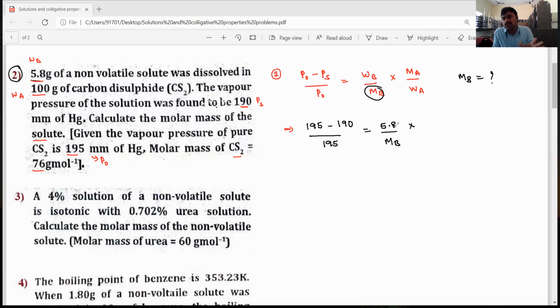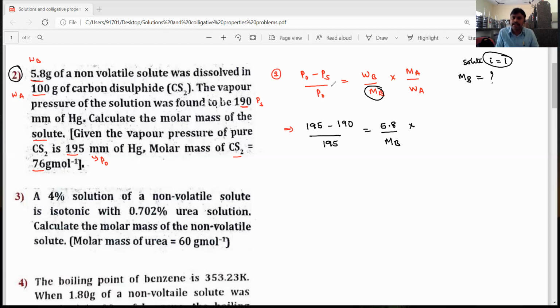The solute name is not mentioned, just that it is non-volatile, so the Van't Hoff factor i equals 1 and we need to consider that. For board examinations only non-volatile, non-ionized solutes will be given, but in objective exams ionized solutes or dimerization solutes will also be given.